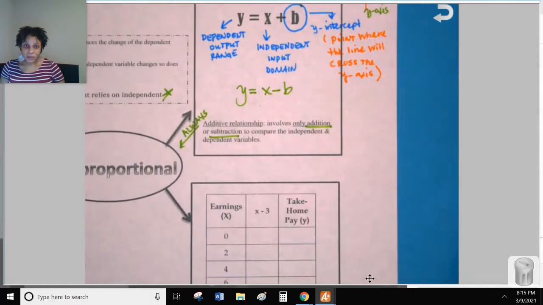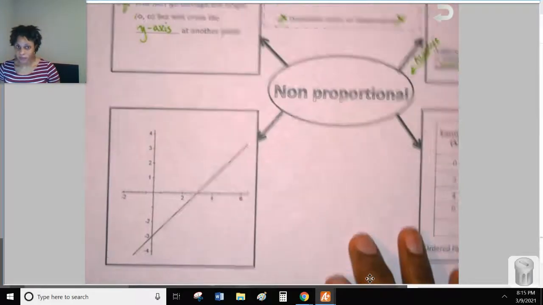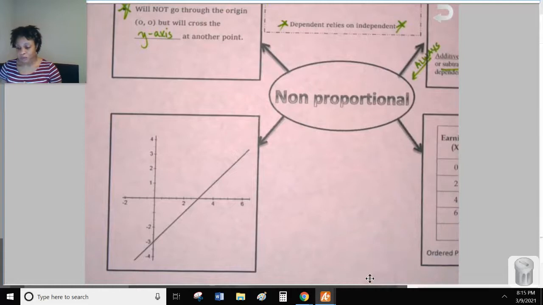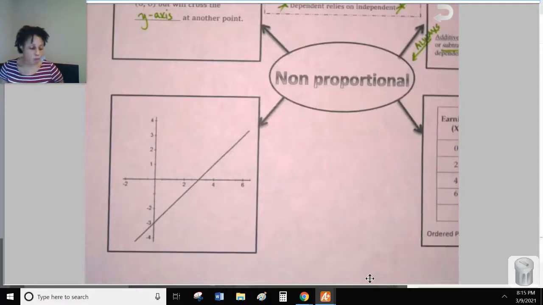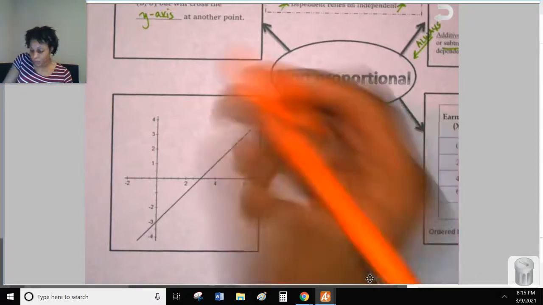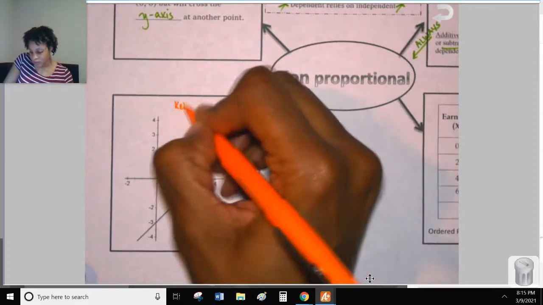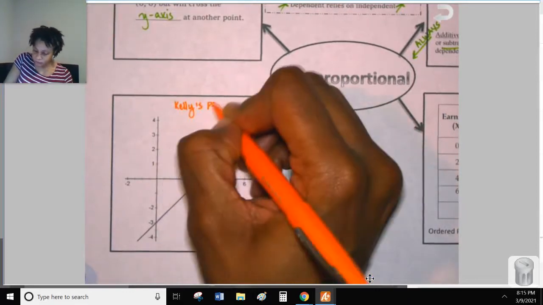So let's take what we just learned about additive relationships and look at our graph, okay? In our graph, it said non-proportional relationships will not have the same ratio. They will be a straight line, but it will not go through the origin, but it will cross at a different point, okay? So for this graph, I have to tell you a story. Last graph, it kind of worked. So the title is going to be Kelly's Pay.